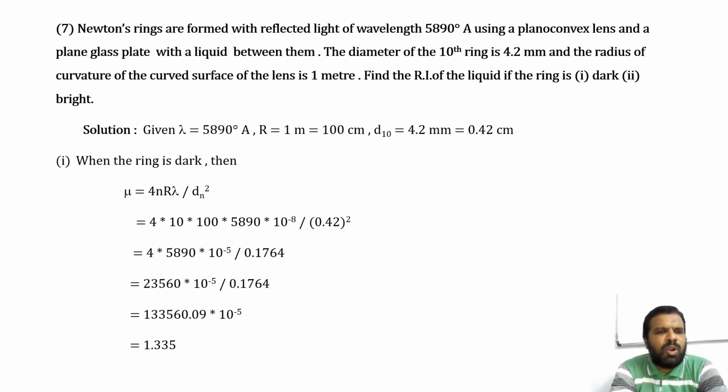That is equal to 4 into 5890 into 10 raised to minus 5 divided by 0.1764. That is equal to 23,560 into 10 raised to minus 5 divided by 0.1764, or mu is equal to 1,33,560.09 into 10 raised to minus 5, or mu is equal to 1.335.